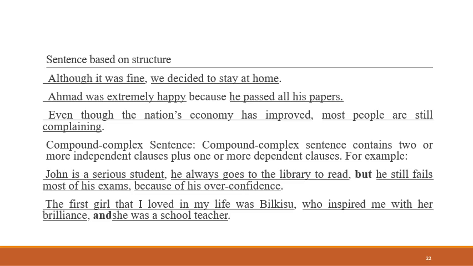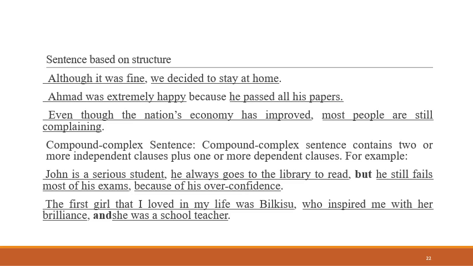Even though the nation's economy has improved, most people are still complaining. The first part of the sentence is called the dependent clause, while the second part is called the independent clause. Even though introduces the subordinate clause and by extension connects the two clauses together.